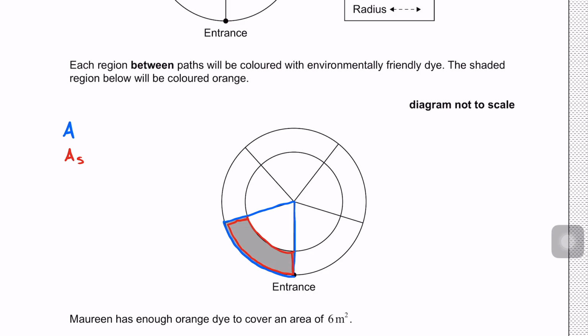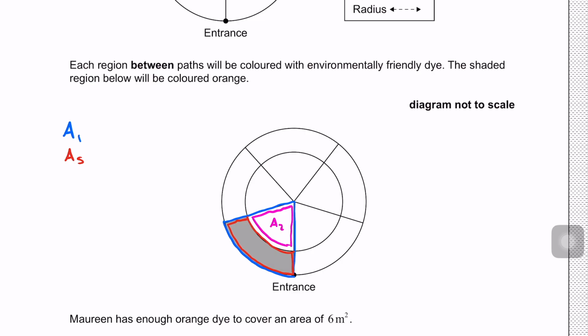Let's actually leave that. Area total, let's call this right here. I was going to say AS for the small sector, but maybe we'll just call it A1. Let's call this one A2. Let's do this, this will be better. A1 should be the big one.